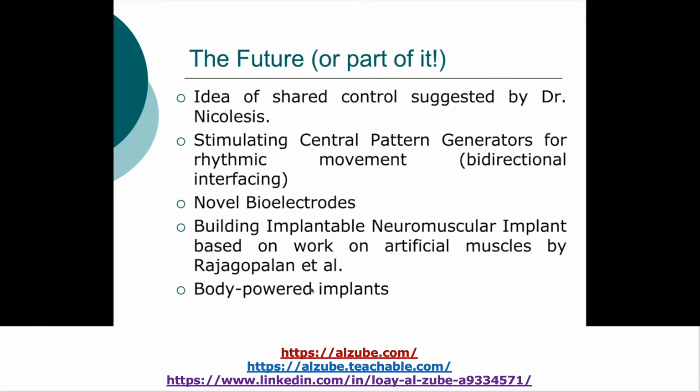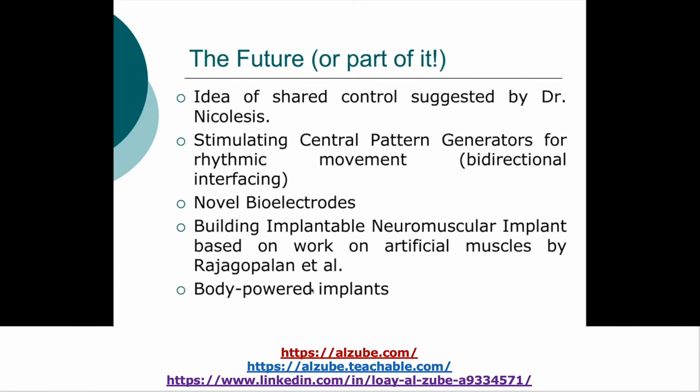The other thing is that we are building implantable neuromuscular implants based on work on artificial muscle. So we're trying to create artificial muscles that can actually contract to replace our muscle tissue. They could experience atrophy because of lack of stimulation and use, and we're trying to build that. And then that led us to something called body-powered implants.